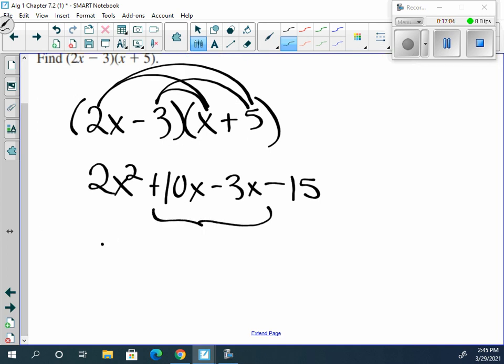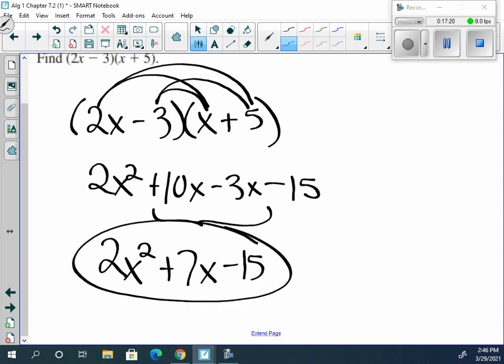Now our like terms are 10x and negative 3x. Well, 10 minus 3 is positive 7. So we have 7x minus 15. Any questions on any of this here so far?